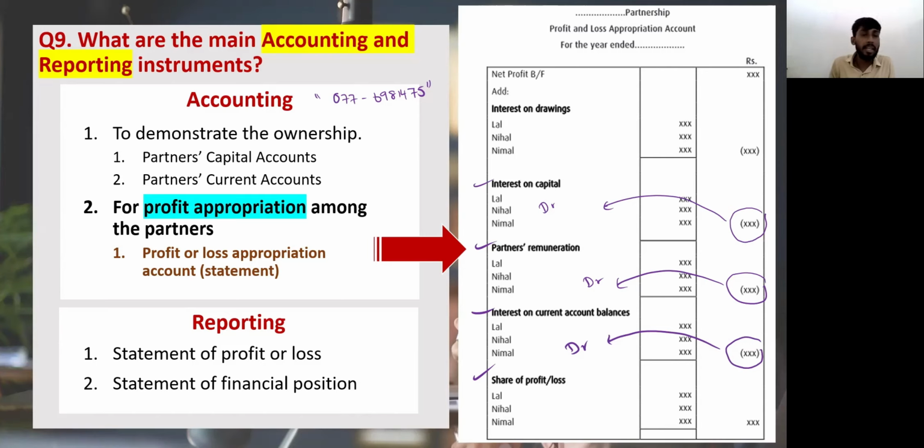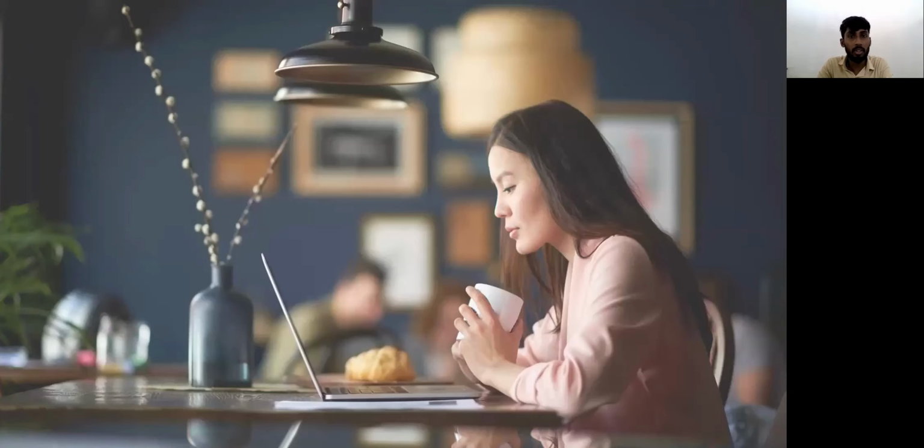Out of that, we have already completed 9. So it will be easy for you now. You can have a holistic understanding about the topic. Okay, great. So let's move on to the next part.